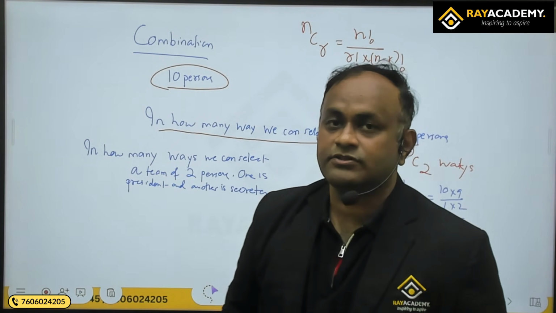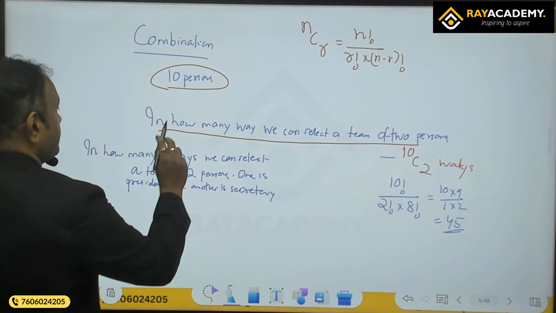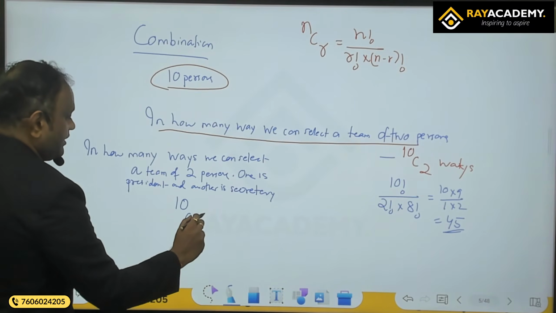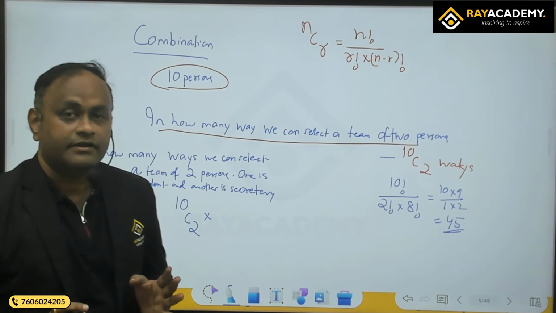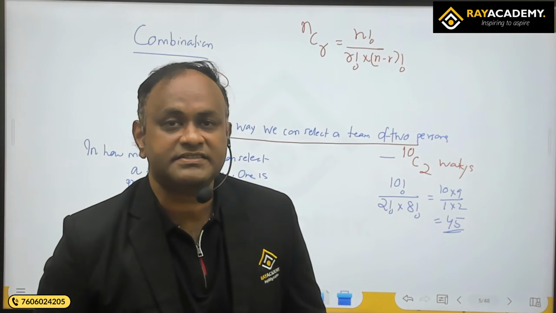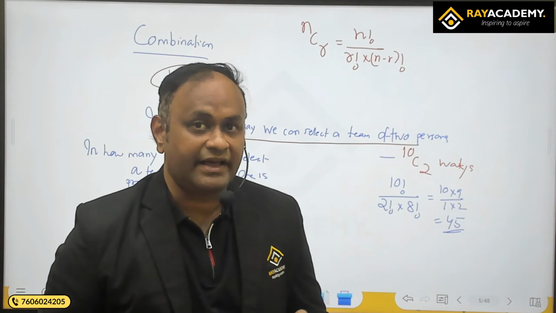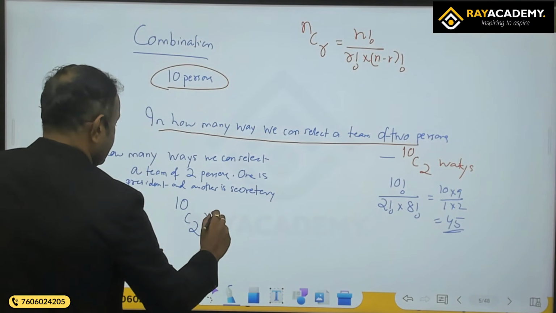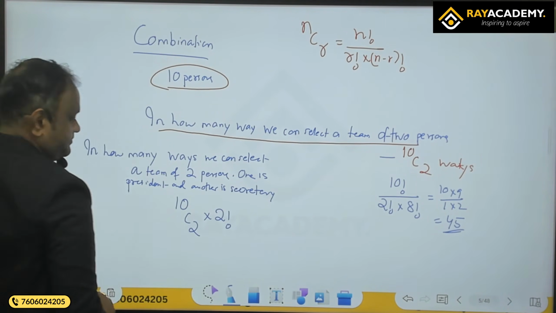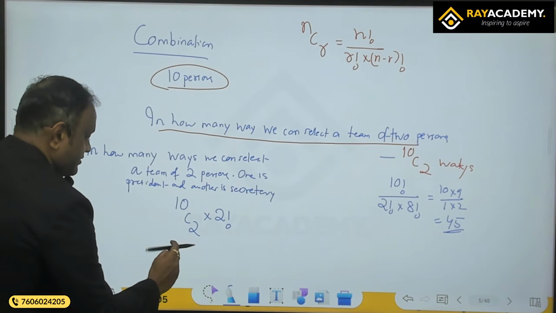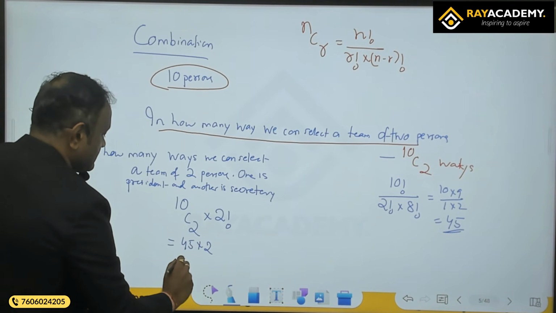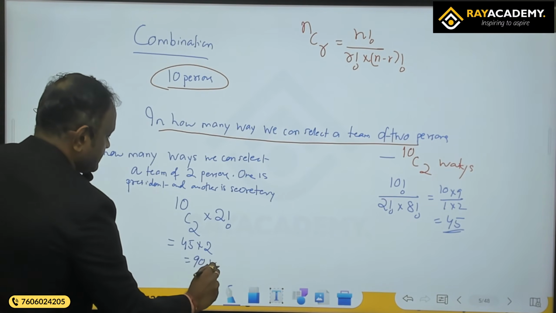Okay, so let us do step by step. Suppose 10 persons are there, you can choose 2 persons in how many ways? 10C2 ways. Now 2 persons are chosen. After that, who will be president, who will be secretary? So there will be again an arrangement, and that can be done in 2 factorial ways. So answer will be 10C2 into 2 factorial. Whatever the answer, 10C2 is 45, 45 into 2, that is 90 ways.